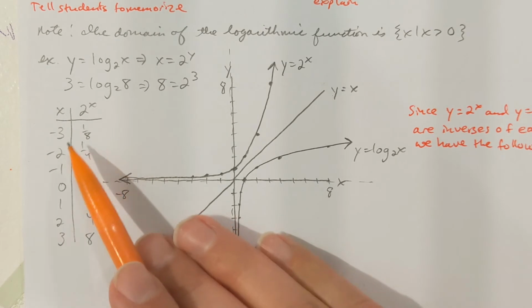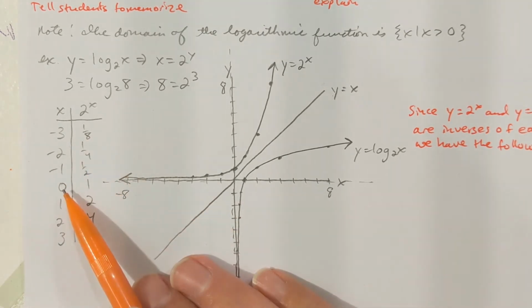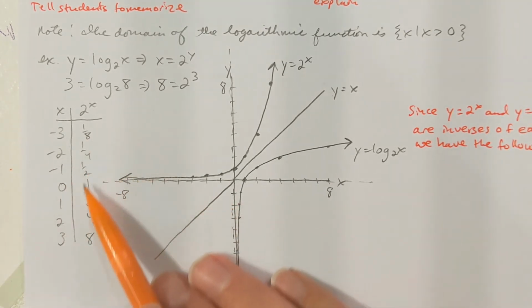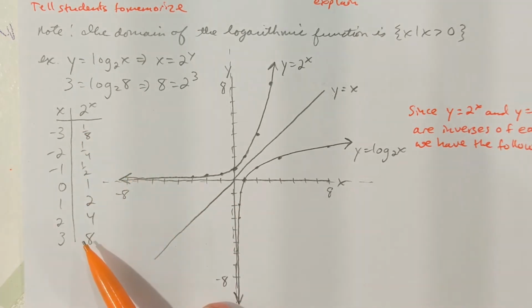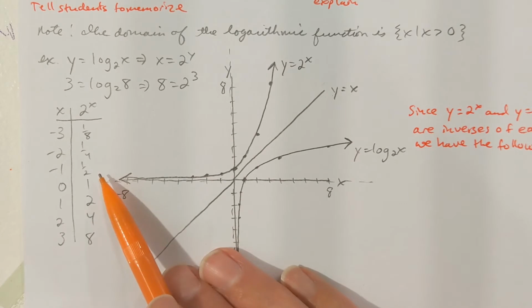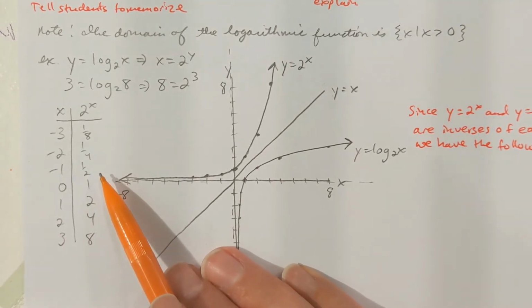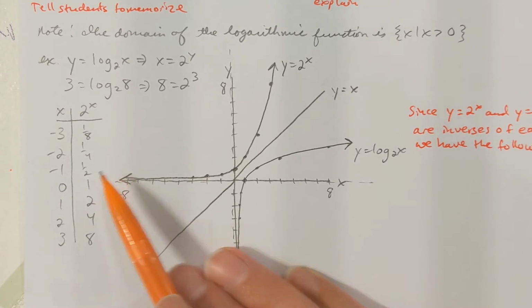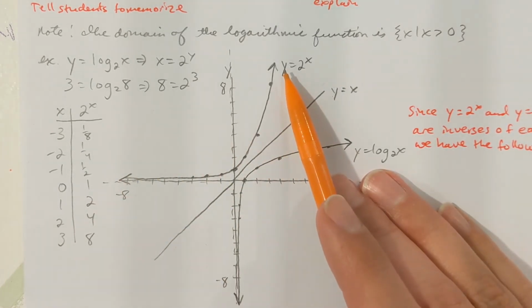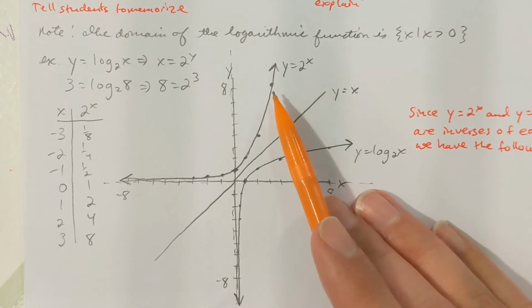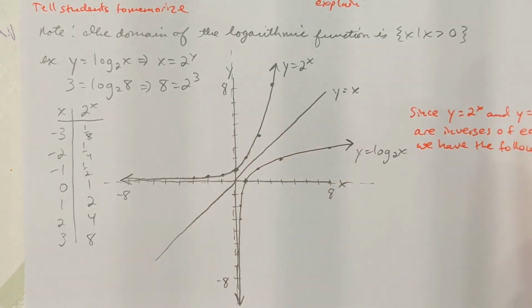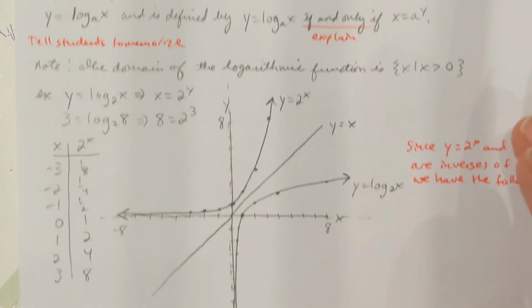No matter what x is, positive, negative, 0, doesn't matter, you will never have 0 coming out of the calculation. You'll also never have a negative coming out of the calculation. So at no point will this curve ever get to the x-axis. There's a boundary there. All right, so we have already been there and done that before. We looked at this same graph in section 5.3, y equals 2 to the x, and here's that same graph again.